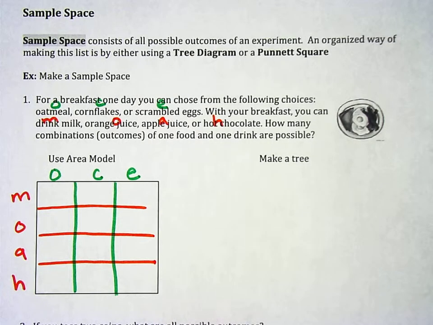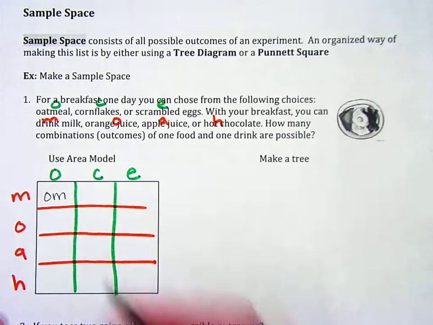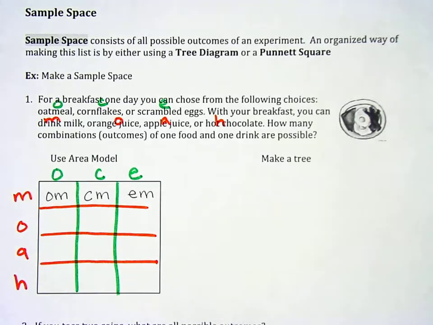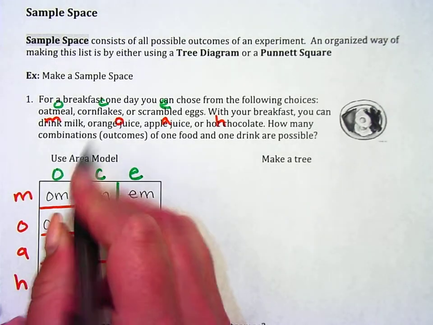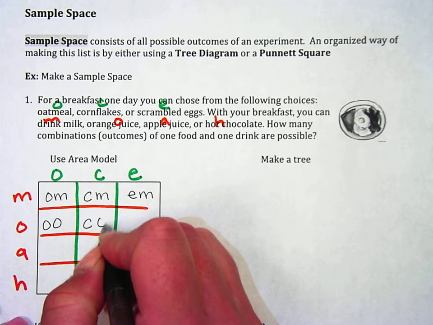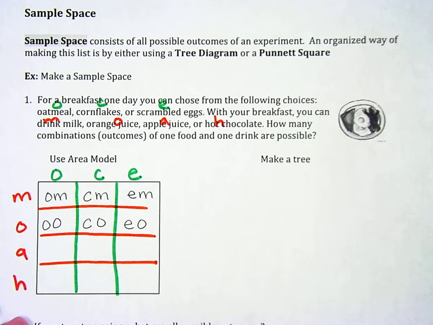So my possible combinations could be, I chose oatmeal and then milk. I chose cornflakes with milk, or I chose eggs with milk to drink. I chose oatmeal with, my second O is orange juice. I chose cornflakes with orange juice, or I chose eggs with orange juice.